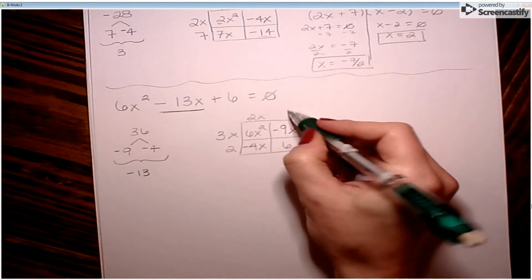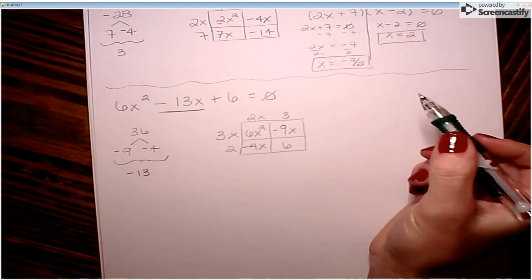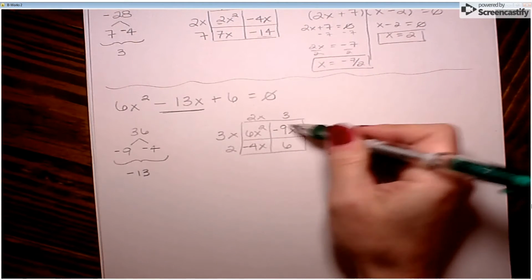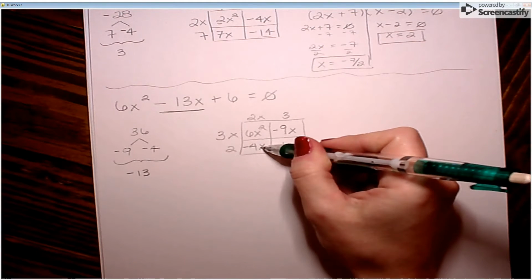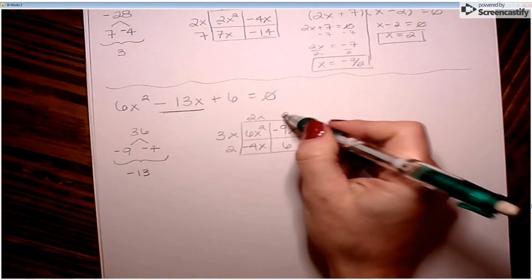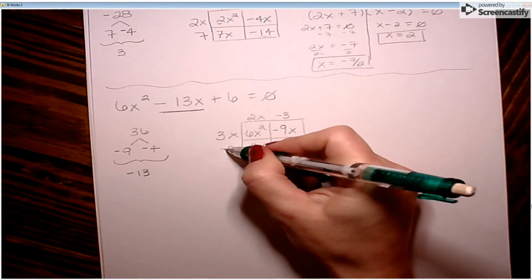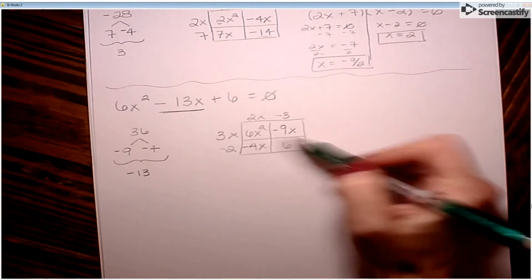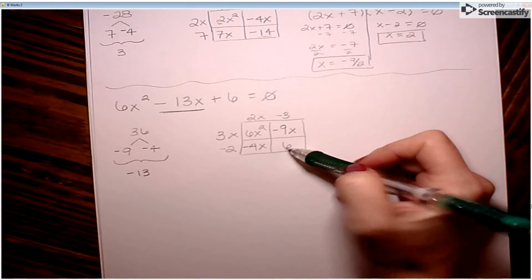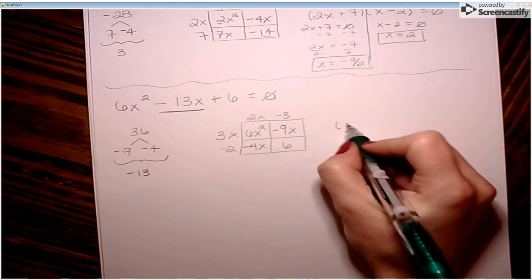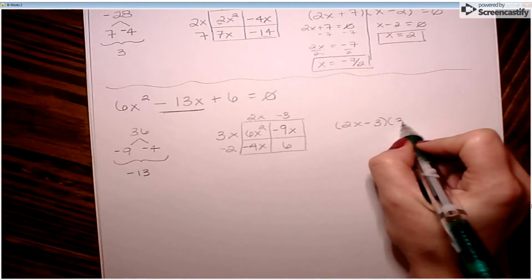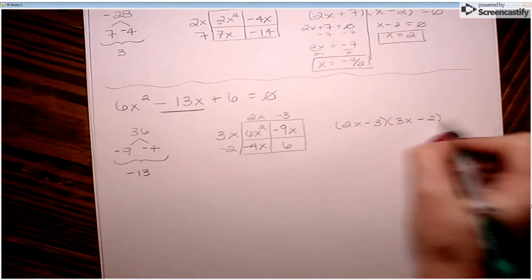And here, these are divisible by 3. The issue is these two corner boxes are negative. So I need to make sure that both of those constants are negative so that when I multiply them together, I get positive 6. So my factors will be 2x minus 3 and 3x minus 2.